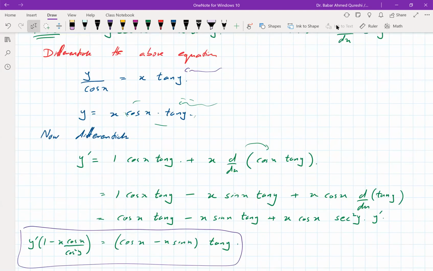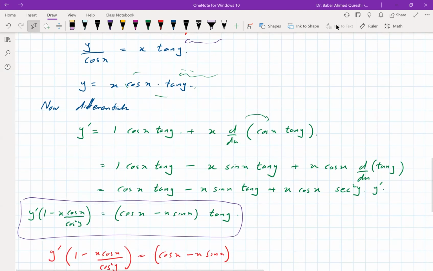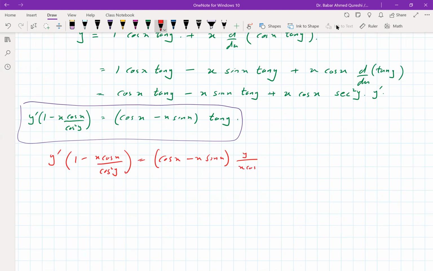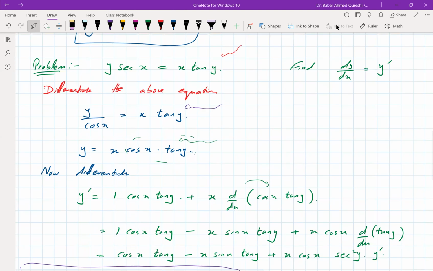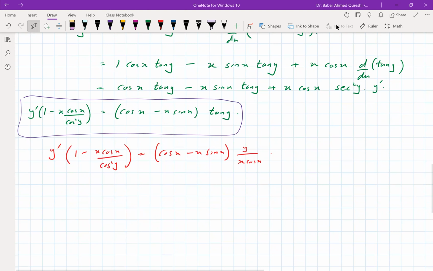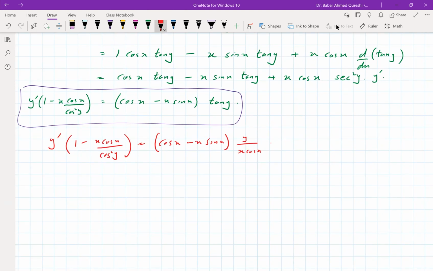Tangent y is y over x cosine x. And then if I look over here, I have y.